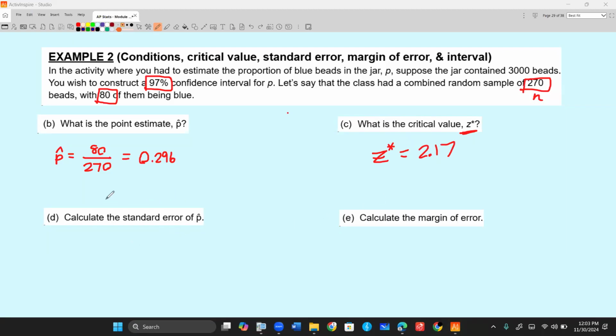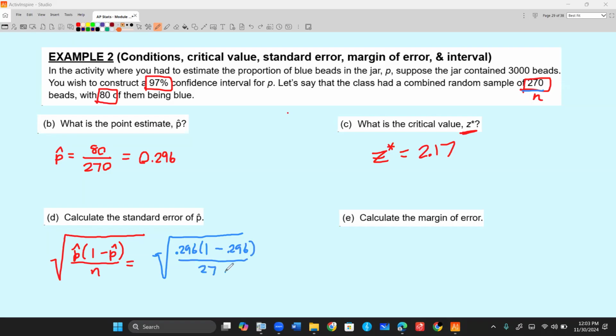Let's talk about the standard error. That formula is going to be from your formula sheet. Remember, it looks like this: square root of p hat times 1 minus p hat, over n. It looks familiar. It's basically the standard deviation formula with the sample proportion, not the population. So we're going to plug in everything we have. We have our n, which is 270. So it's just a matter of going into your calculator and putting in 0.296, parentheses 1 minus 0.296, close it up, and then divide by 270.